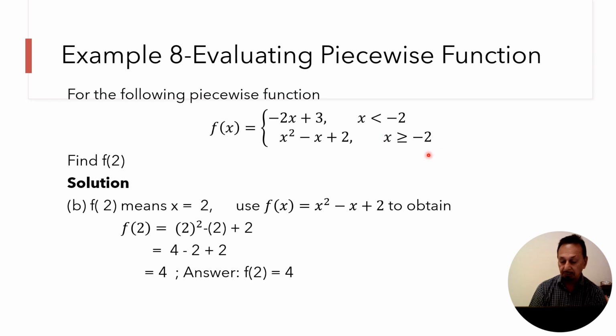So 2 satisfies the second inequality. So we use f of x equals x squared minus x plus 2. To obtain f of 2, we're going to substitute 2 where the x is. And 2 squared minus 2 plus 2. 2 squared is 4, minus 2 plus 2. The 2s cancel. So f of 2 equals 4. So the answer is f of 2 equals 4.